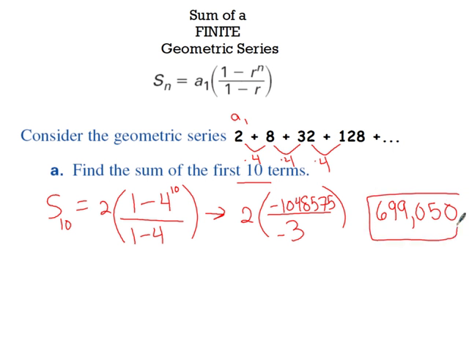So what that represents is if I were to write out the first, second, all the way to the 10th number and add those up, I will get 699,050. Okay, that's a finite geometric sequence. Now, I know it says dot, dot, dot, but I'm making it finite because I'm cutting it off at the 10th spot and then adding up those first 10.